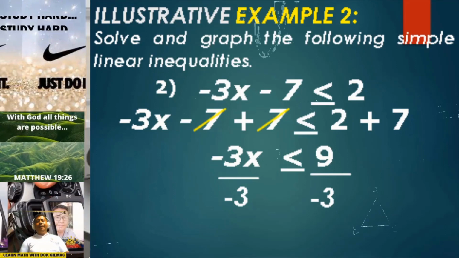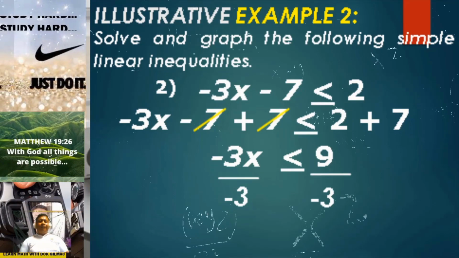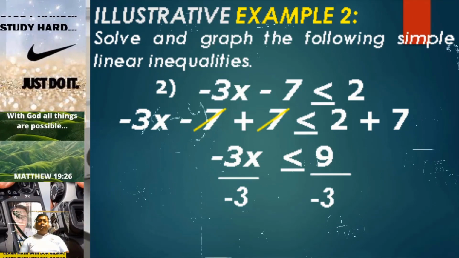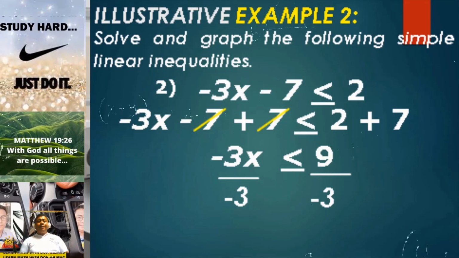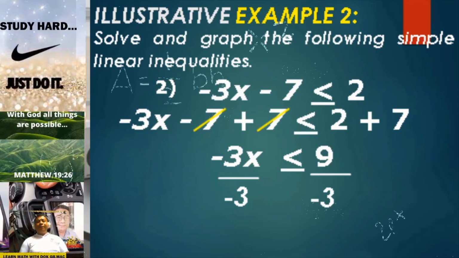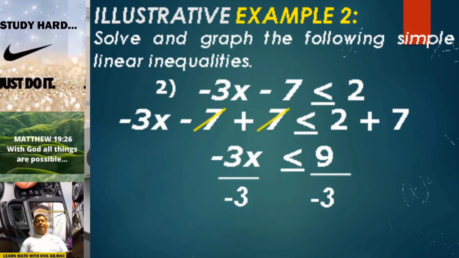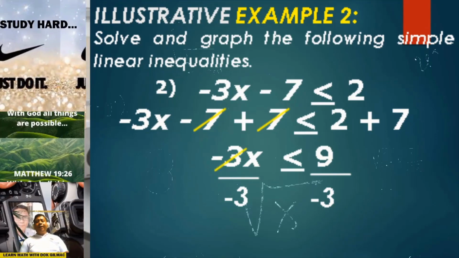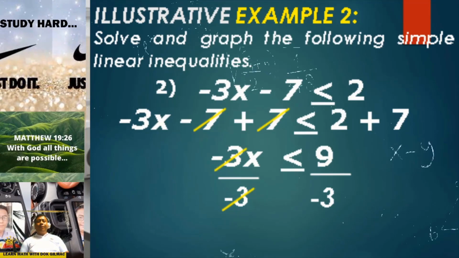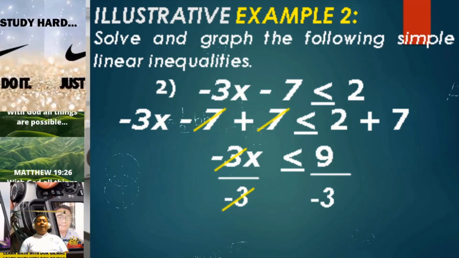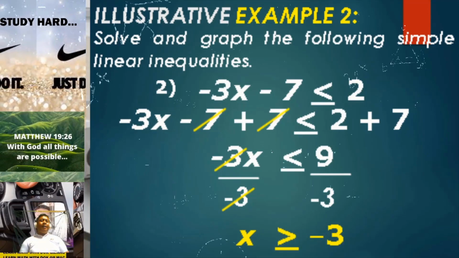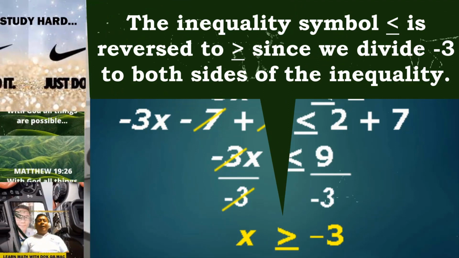Simplifying further, we can just cancel negative 3 and negative 1 over 3 since they are multiplicative inverse. So we have x is greater than or equal to negative 3.